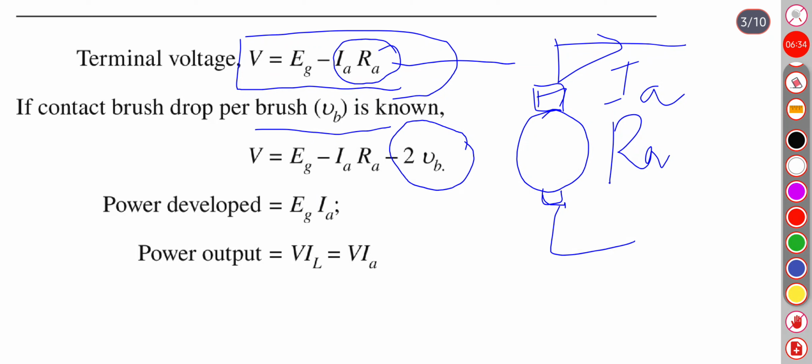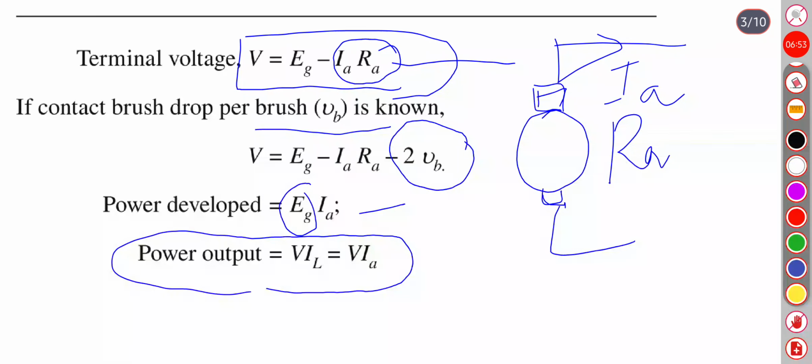Now the power developed equals Eg into Ia. Eg is the EMF generated in the generator and Ia is the armature current. So the power output by the generator will be V into IL, which is also V into Ia, which is supplied to the load connected across the armature winding.